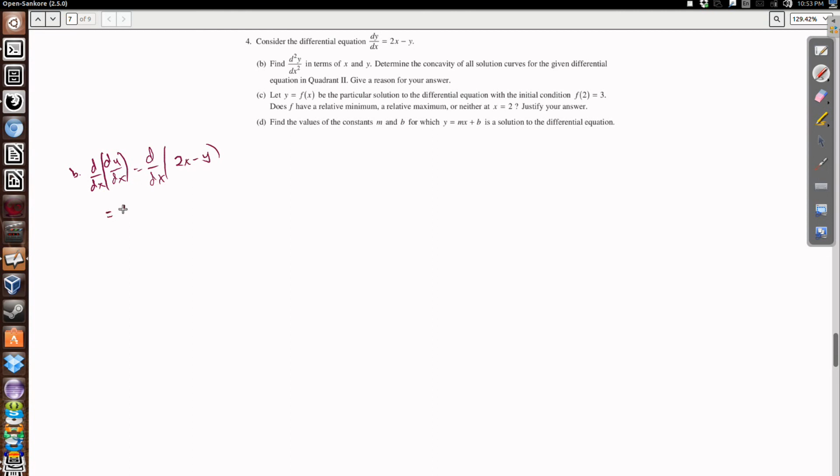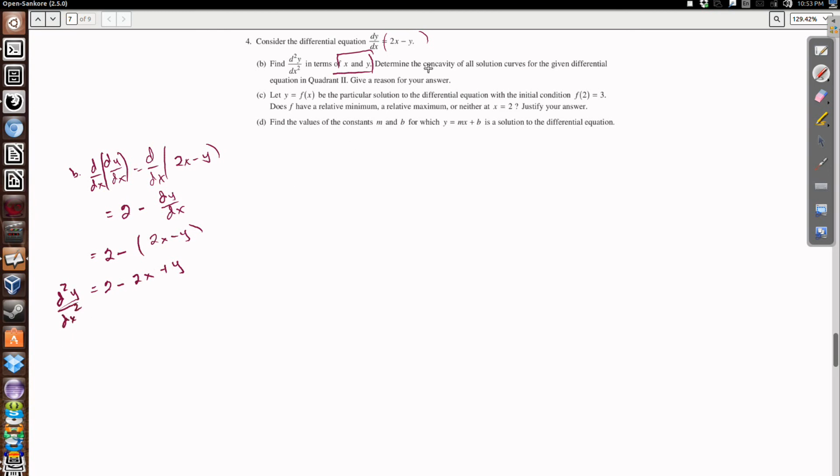So for us, that's going to be 2 minus dy dx. And this would be fine, except they do tell us to put it in terms of x and y. So this is going to be 2 minus dy dx, which is this expression. So 2x minus y, and I'm going to distribute this negative because we're going to need it later. So it's going to be 2 minus 2x plus y. And so that's what our second derivative is equal to.